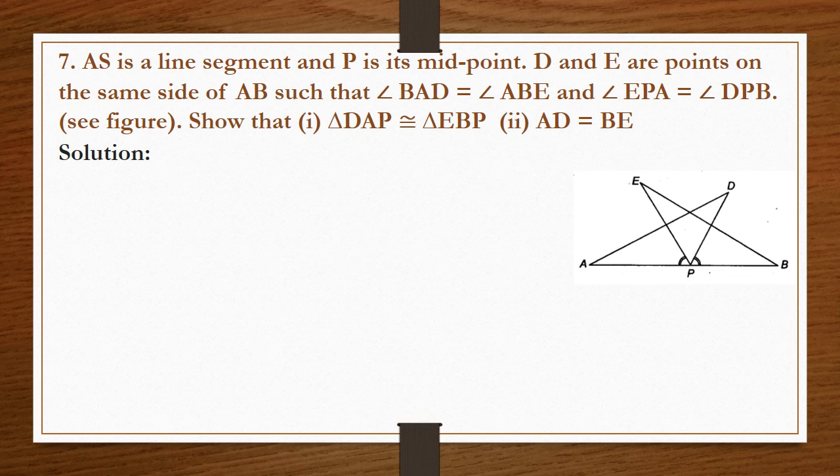Question number 7 says, AB is a line segment and P is its midpoint. D and E are points on the same side of AB such that angle BAD is equal to angle ABE and angle EPA is equal to angle DPB. Show that triangle DAP is congruent to triangle EBP.